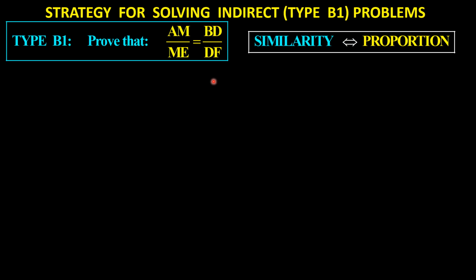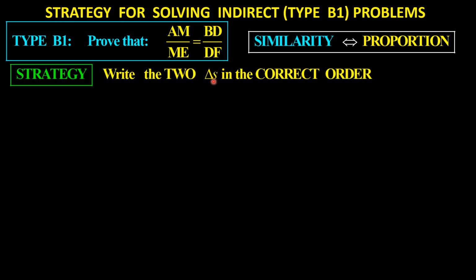So let's see. Our strategy here is to identify two triangles, but at the same time, the triangle labeling must be in the correct order. So we've got a proportion, and what we know about a proportion is that it's a ratio equal to a ratio. Let's take the first ratio, in this case we write it as AM over ME.